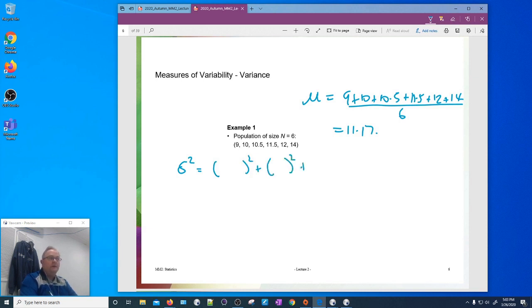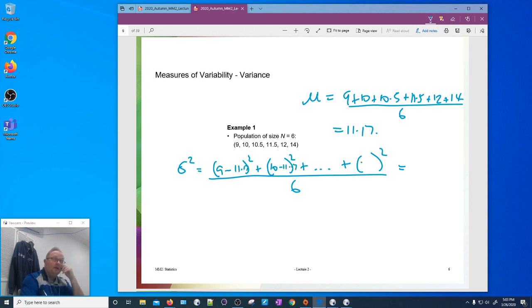And I'll do a couple, and then if it's alright with you I'll just do that and put the last one in, and we'll divide by 6. I can leave it as an exercise for you to do the whole thing, but our first 11.17, so it's 9, our data point minus the mean, and so on and so forth.